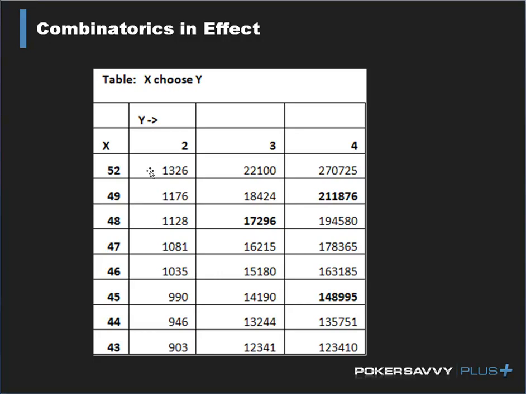Even though I don't have it written out here, and I realize it might have been easier to follow if it were on screen, I'll say that, for example, there are 4 choose 2 ways, which equals 6, or 4 times 3 divided by 2 times 1, to choose a pocket pair. You have 4 different aces to choose from, and you want to know how many different ways you can choose 2 of those aces.